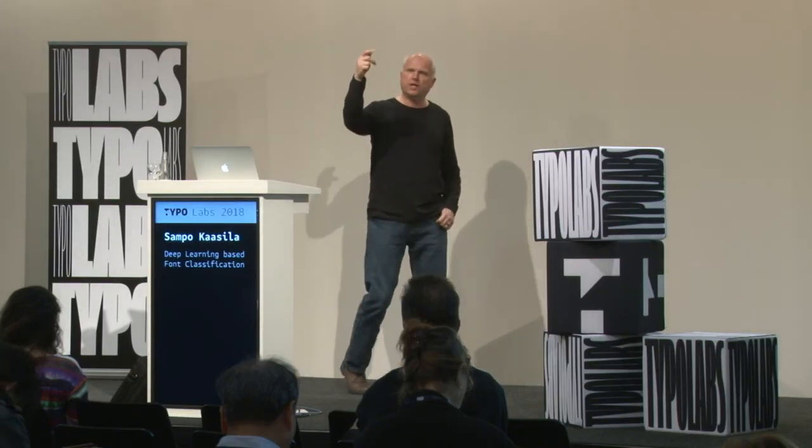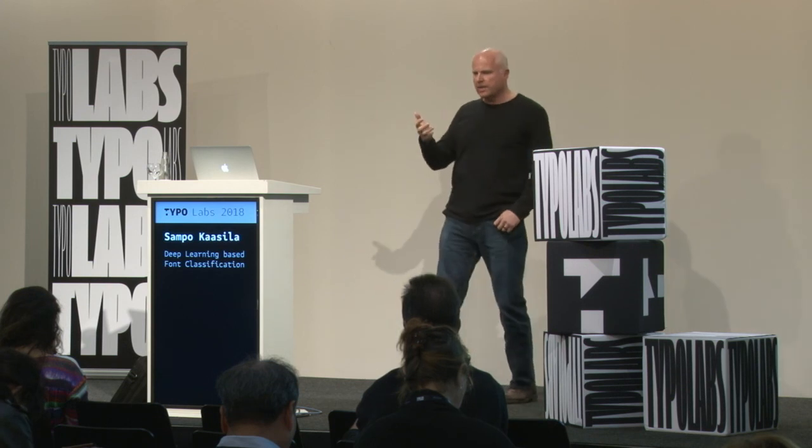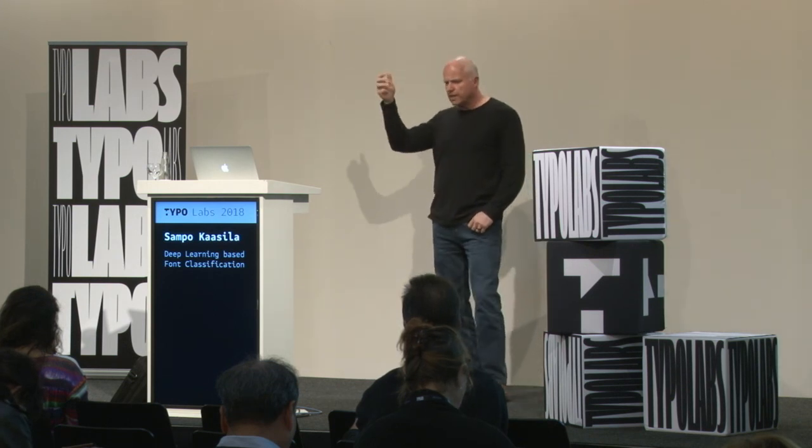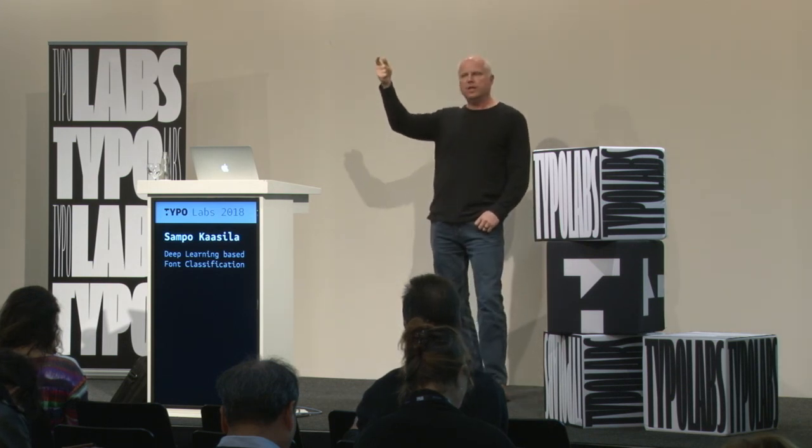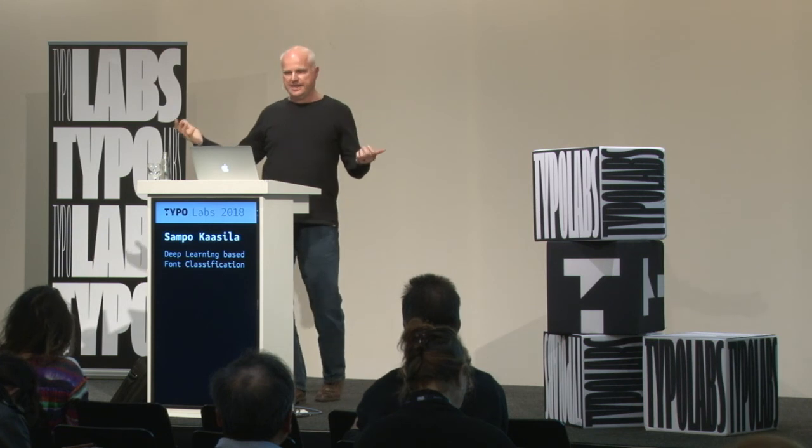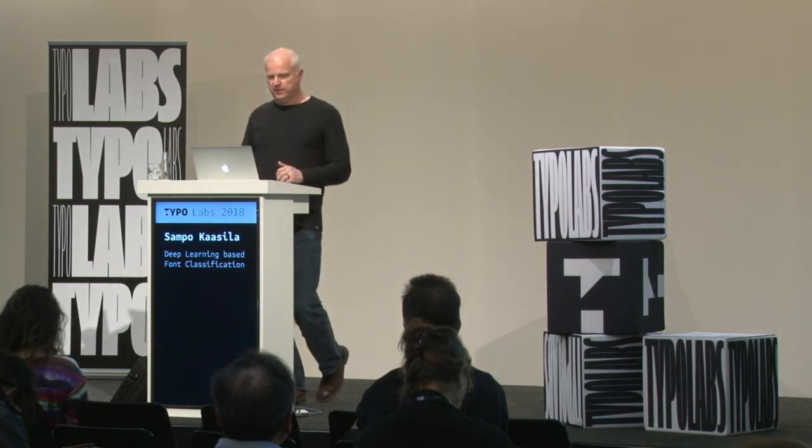So we showed it hundreds of thousands of examples of three fonts, font A, B, and C. And we asked, using Amazon's Mechanical Turk, here's font A. Now look at font B and font C. Which one is more similar to A? Is it font B or font C? And it turns out the machine was able to understand our very human concept of similarity between fonts, or dissimilarity.